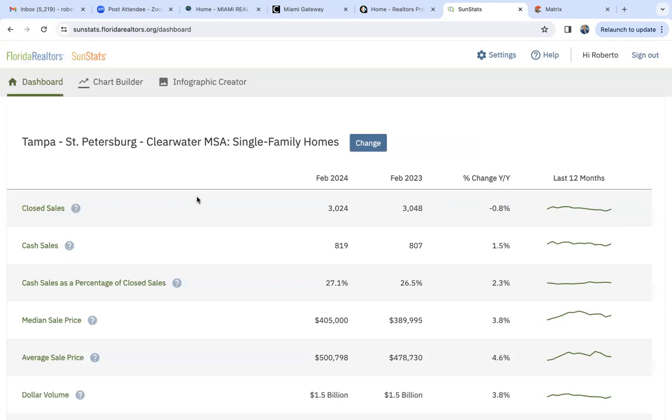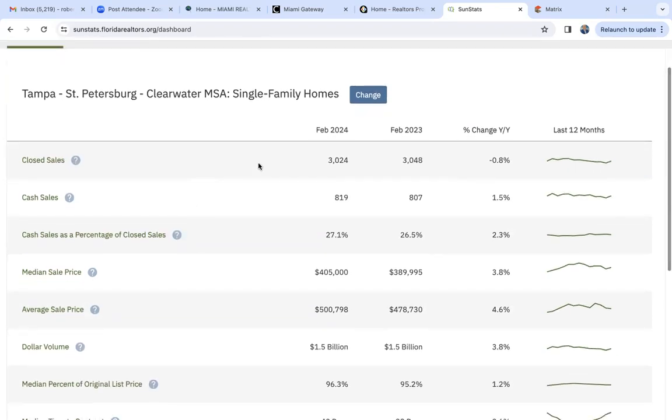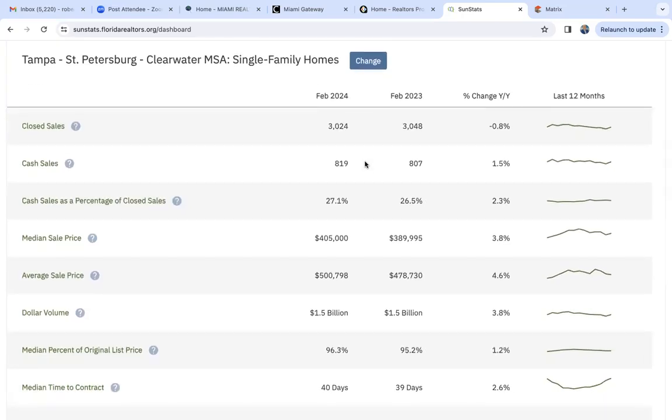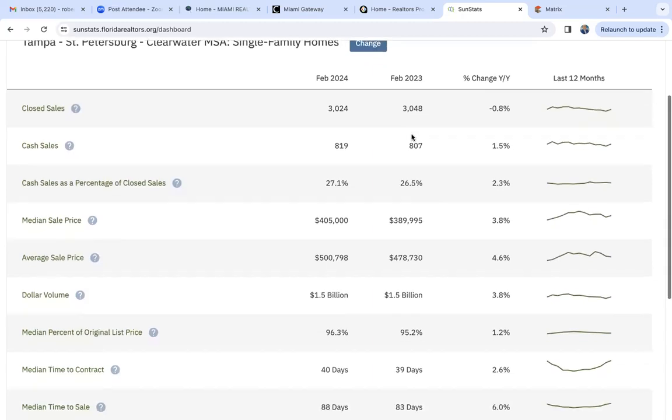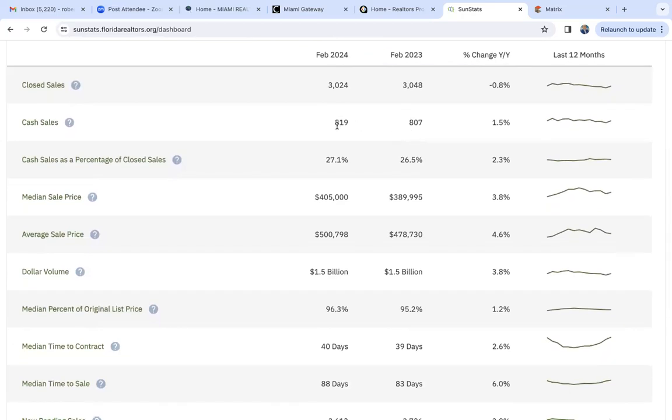All right, guys, numbers in Tampa read like this. 3,024 closed sales in February of 24. That is ever so slightly lower than the previous year, pretty much no change at all. There were 819 cash sales, a slight increase from the previous year.